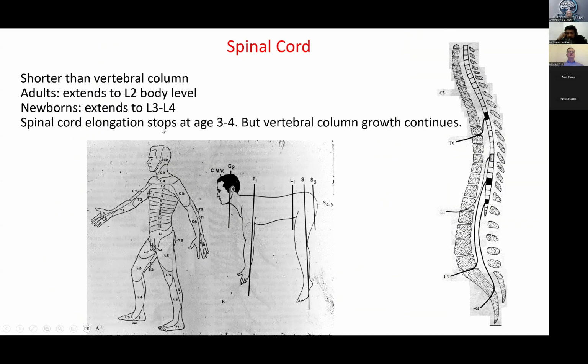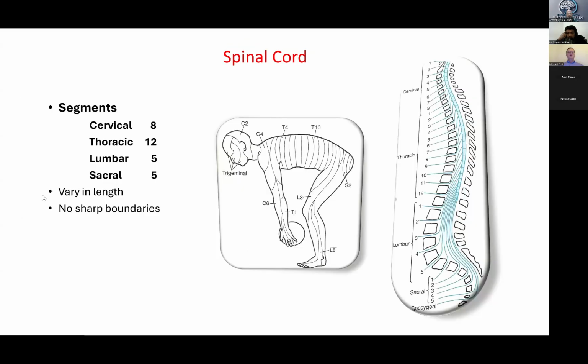Spinal cord elongation stops at the age of 3 to 4. In the newborns, it is till L3-4, and then it shrinks a bit by lengthening of the spine to the level of the L2 body. And the segments are cervical 8, thoracic 12, lumbar 5, sacral 5.